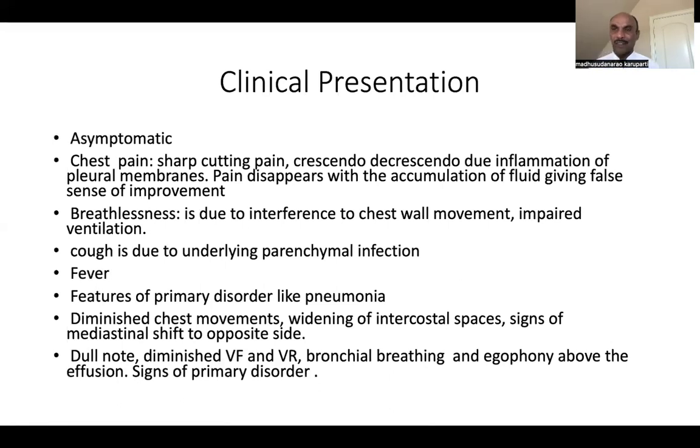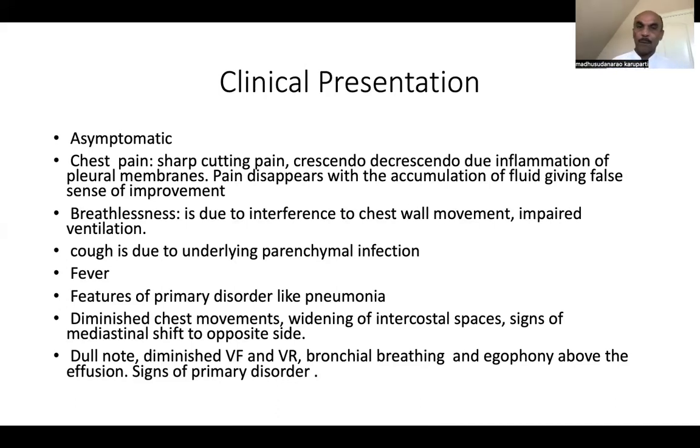Then, how does the patient present clinically? When there is minimal fluid in the pleural space, the patient is usually asymptomatic. In the beginning of the pleural effusion, there is a stage of dry pleurisy or pleuritis, which manifests as severe pain, which could be over the shoulder or across the chest wall or over the abdomen, or it may be at the back of the shoulder radiating down the limb, depending upon the dermatome that is involved.